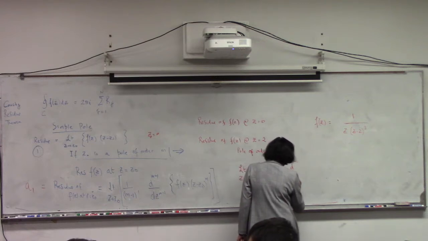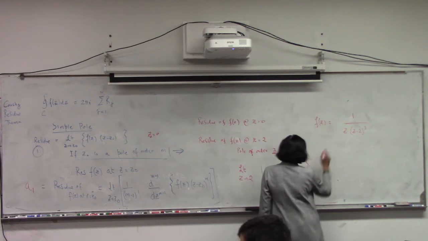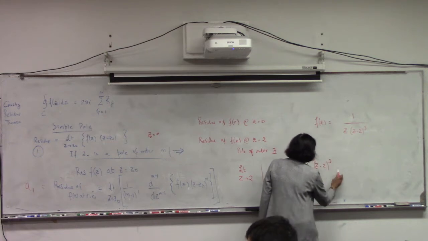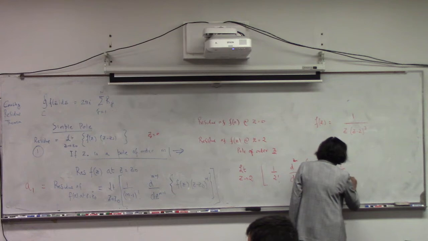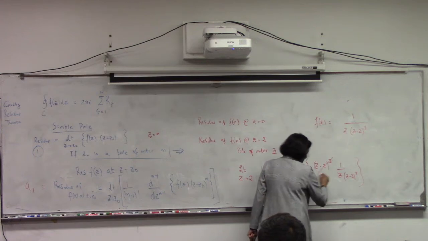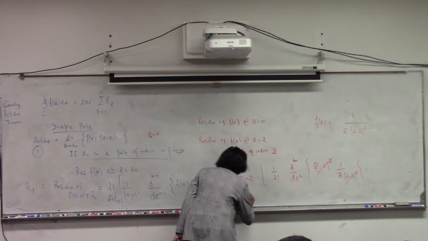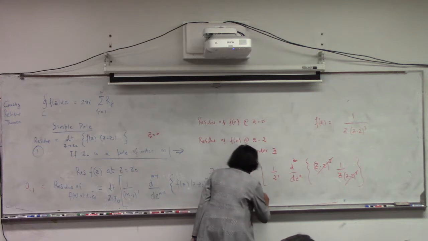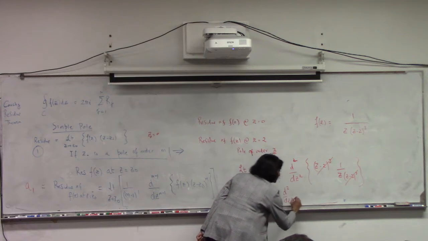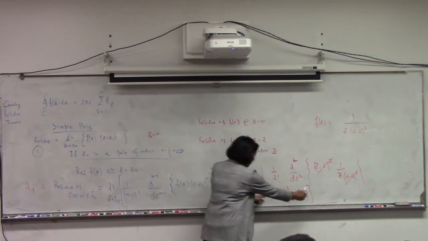I have to take the second derivative in this case of z minus 2 whole cubed times f of z, and this eliminates the singularity. So you calculate the second derivative of 1 over z, and then you take the limit.